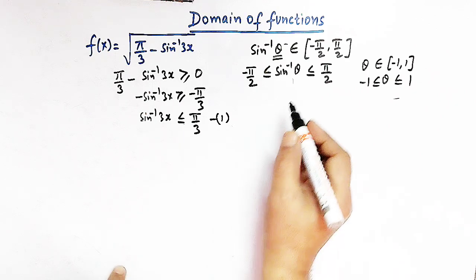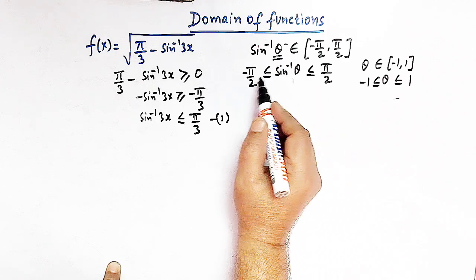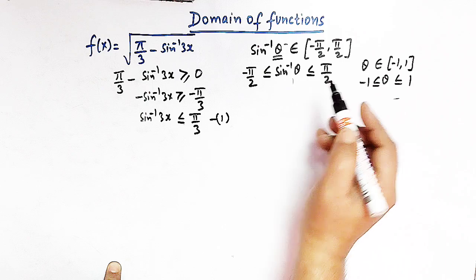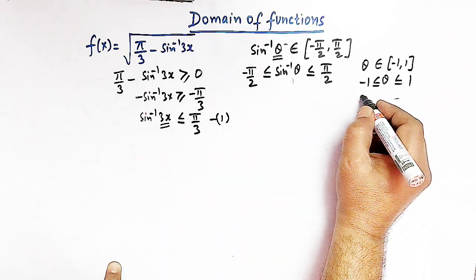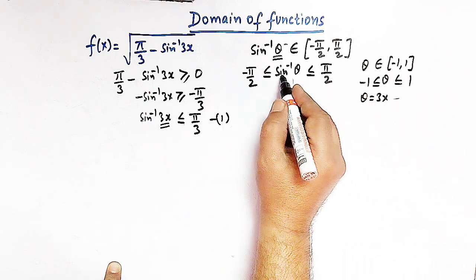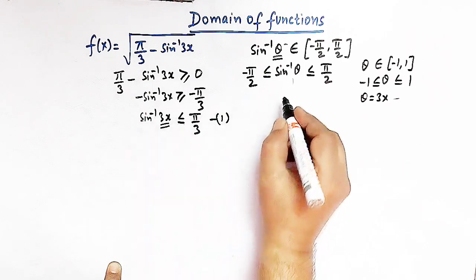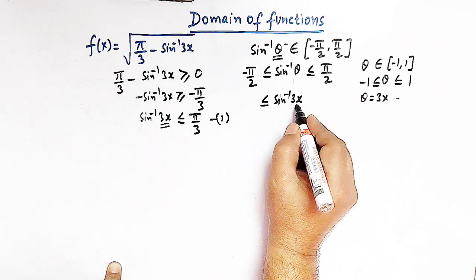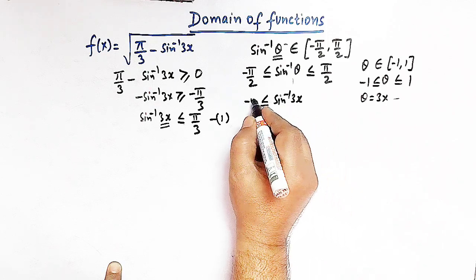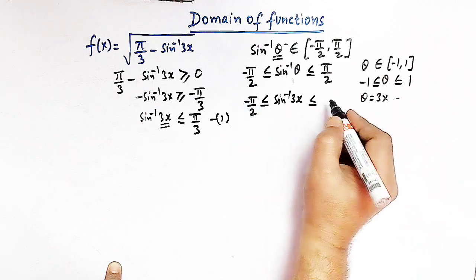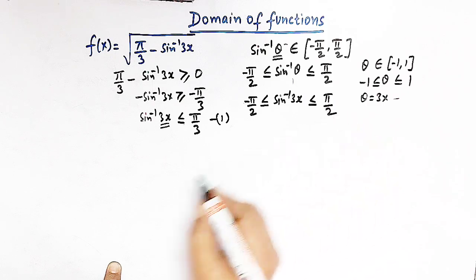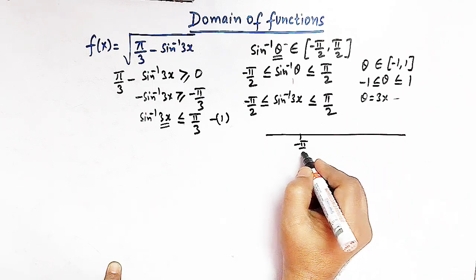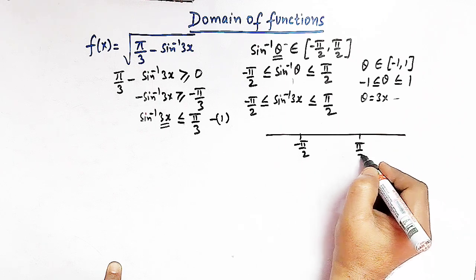Okay, so now here we have sine inverse theta greater than or equal to minus pi by 2 but less than or equal to pi by 2. So if we take theta equal to 3x, then for sine inverse 3x we can now write that sine inverse 3x is greater than or equal to minus pi by 2 but less than or equal to pi by 2. So here we have minus pi by 2, and here we have pi by 2.